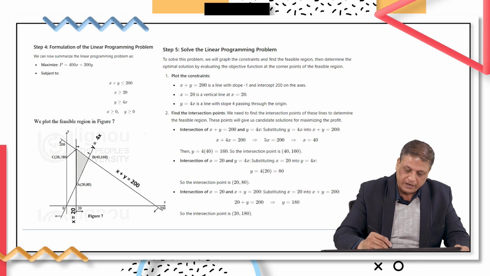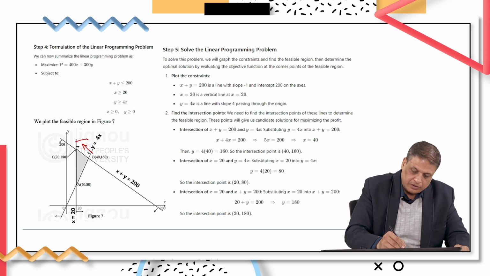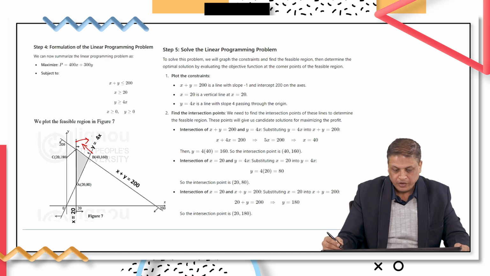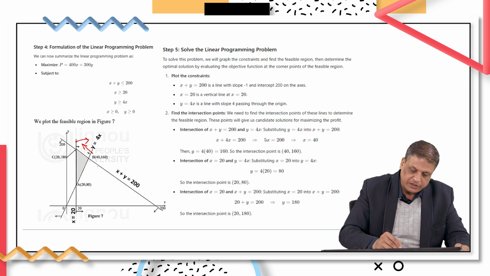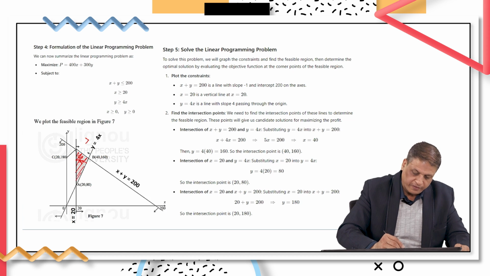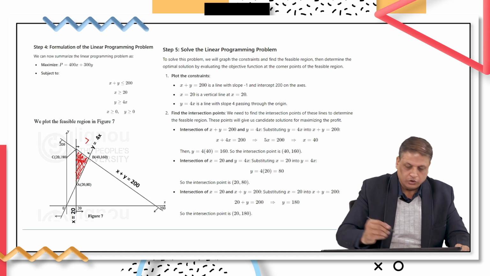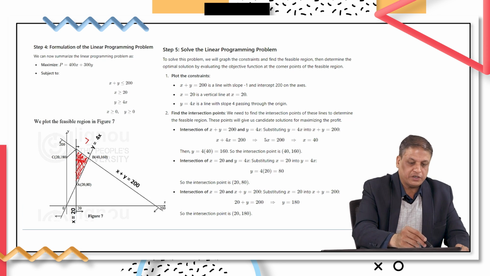So, we find that y is equal to 4x has its region in this direction, x greater than 20 will have its region in this direction, and x plus y less than 200 will have its region in this direction. So, as a result we have the feasible region as this region.